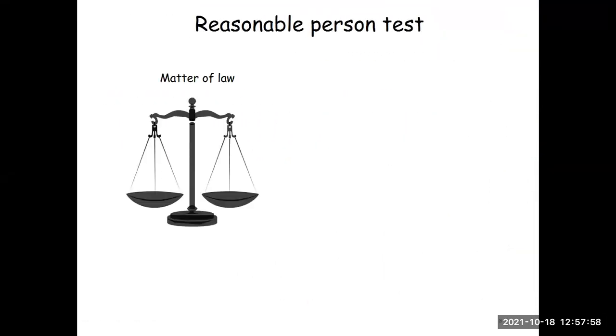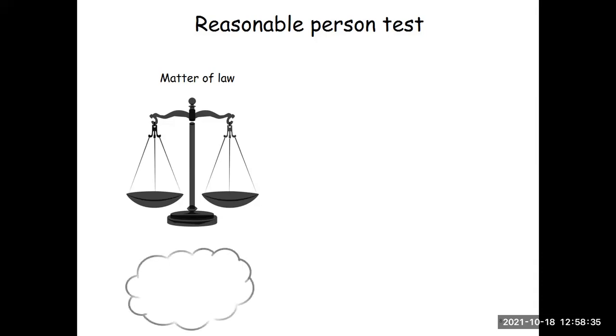Now, the reasonable man test is a legal fiction. In other words, it's a rule that is made up and used in the law, but it is used as both a matter of law and also as a matter of fact. When I say a matter of law, I mean the courts will examine the legal rules and judge something against them. Whereas a matter of fact is where you have to look at the facts of the specific case.